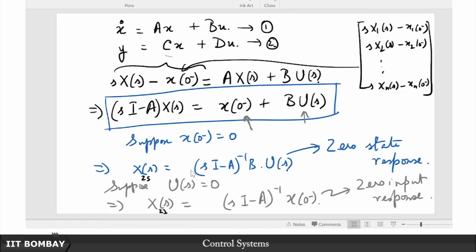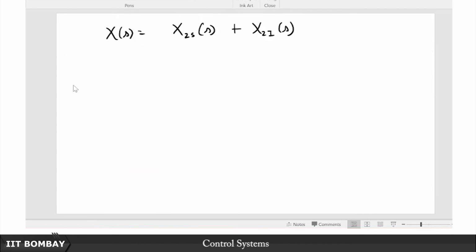And once we have solved for x, it is trivial to find out what y is going to be, because y is nothing but C times X(s).